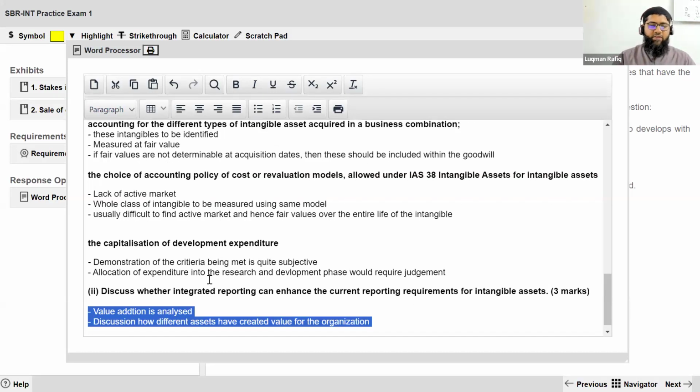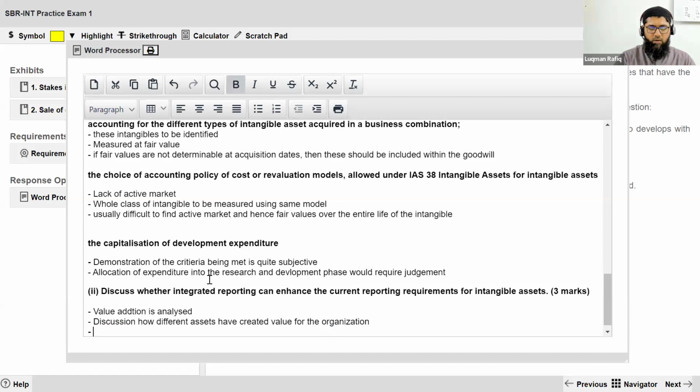So hence the overall disclosure would be enhanced.